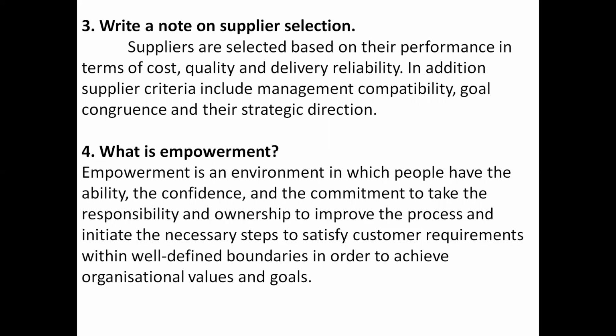In addition, supplier criteria include management compatibility, whether the management is able to do the required things, the goal concurrence, and the strategic direction. So, supplier selection is based on performance in cost, quality and delivery, as well as management compatibility. You have to write all these points.